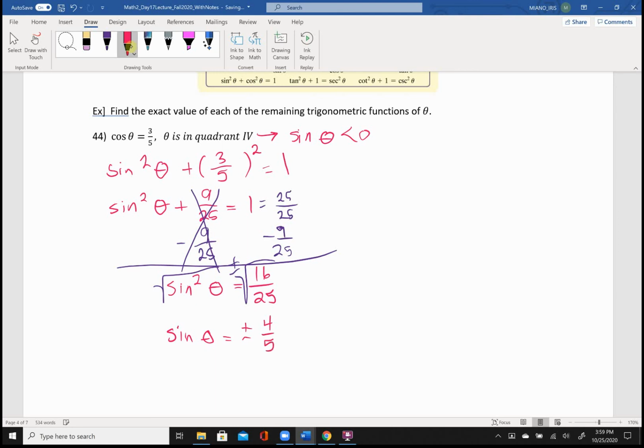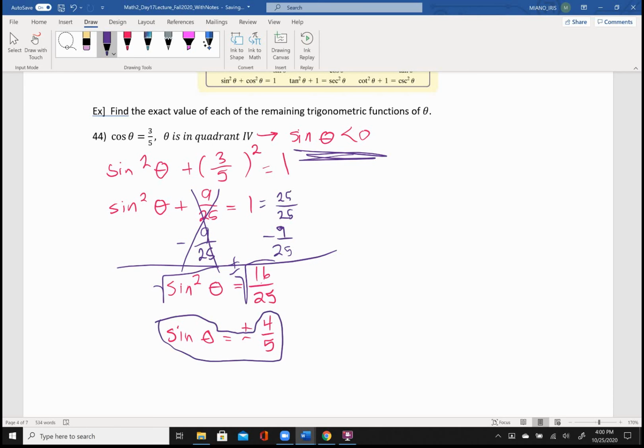Because 16 square rooted is 4, 25 square rooted is 5, and then we have the plus or minus option. But it was stated earlier that the sine of theta needed to be negative. So the sine of theta here will be negative 4/5.